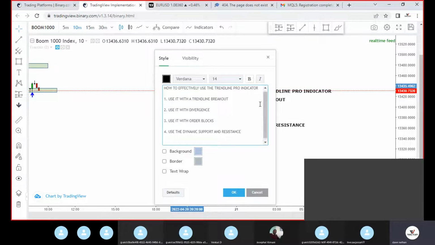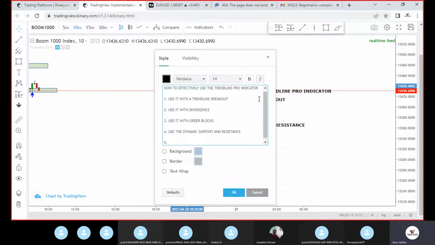Five, the last one is use it with Fibonacci.